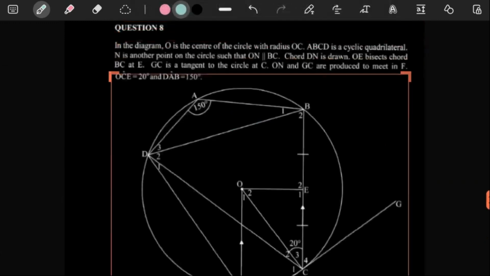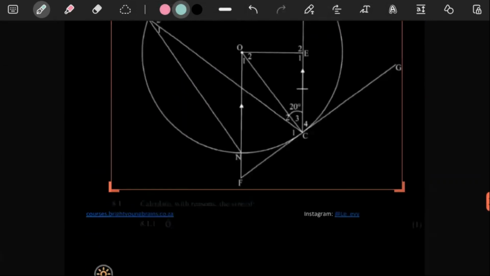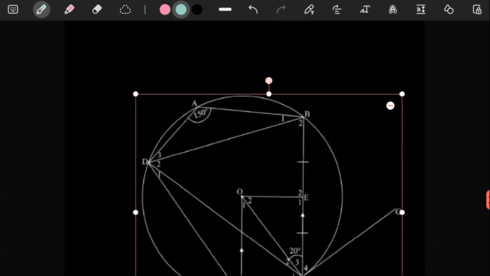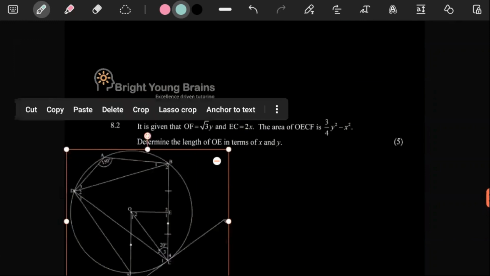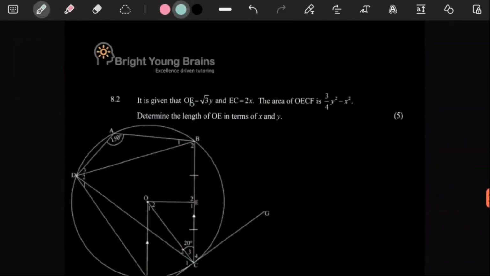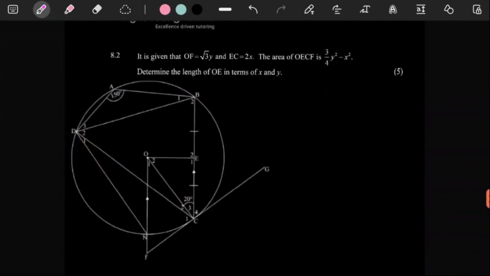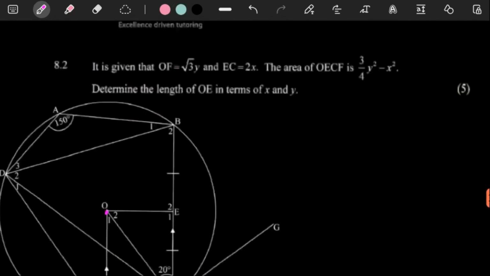So let me crop this out. Let's see, up here, move this thing up there, make it bigger. Perfect. So they say here, if it is given that OF, where is OF? There's O here, F down there.